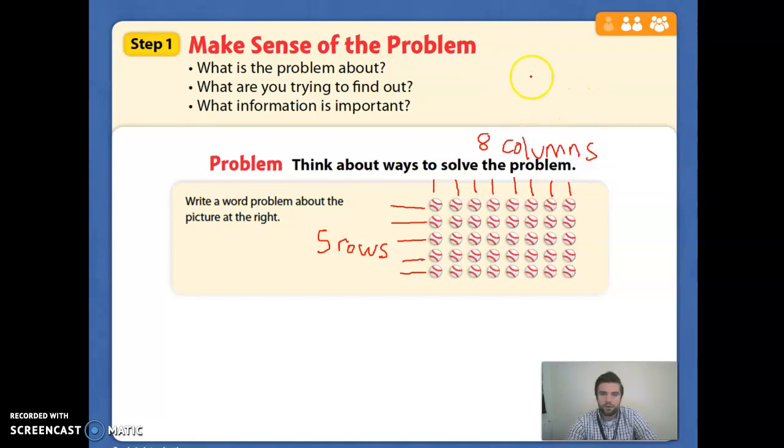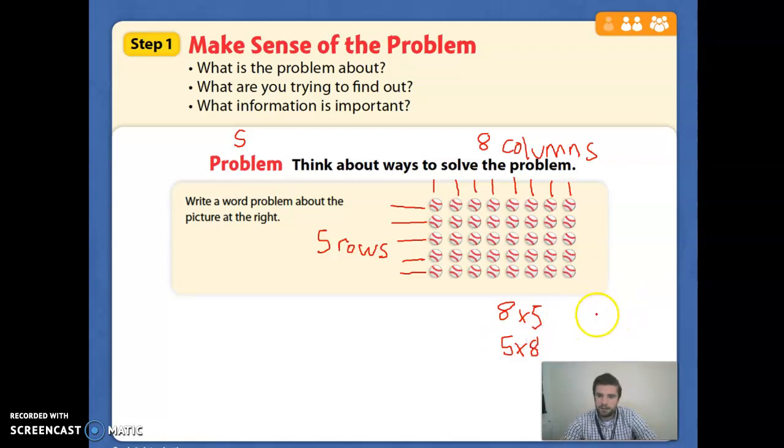Now we have to create a word problem out of this. And we know it's either going to be multiplication or division. So let's look at what our options are. I'm going to do this down here. We know it's either going to be 8 times 5. Could be 5 times 8.